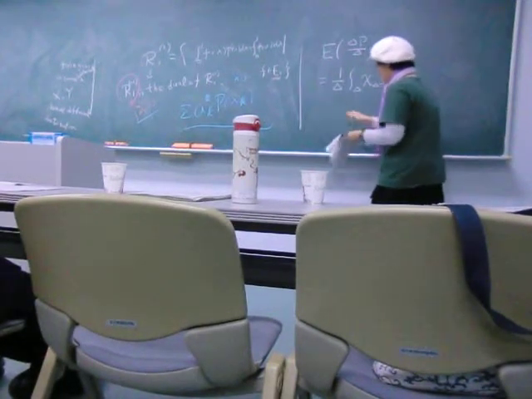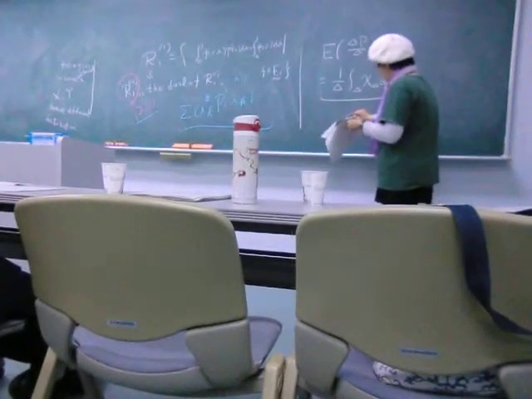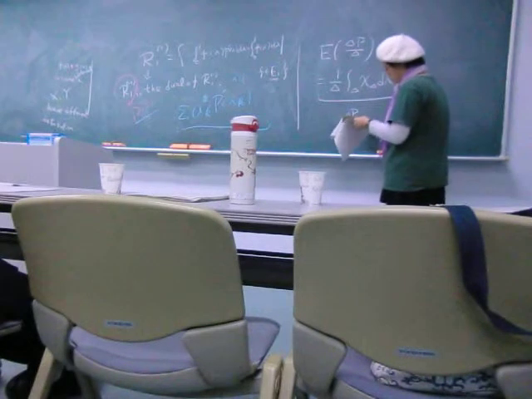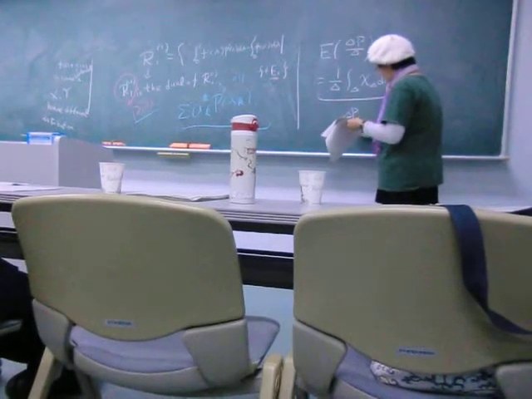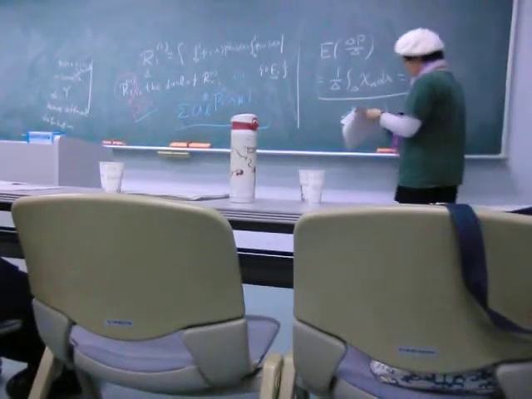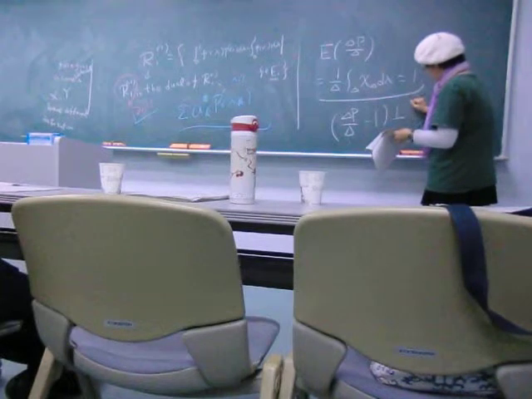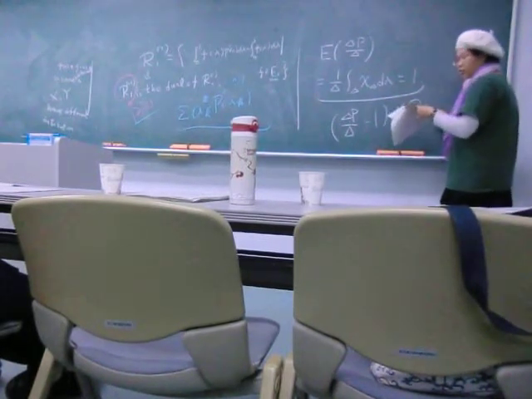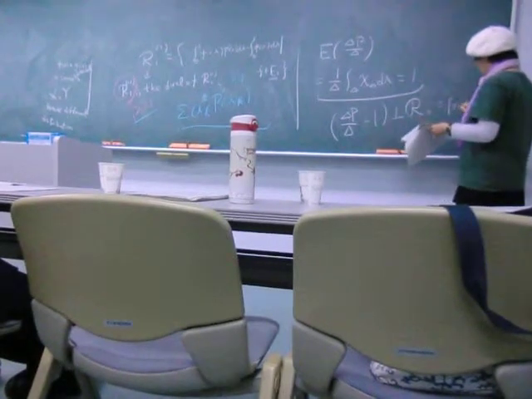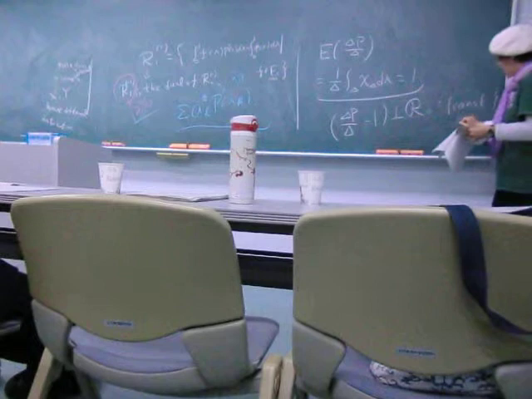So we have a rough idea: if we have delta p over delta, minus 1, this can be in the space, and this can also go to RZ. RZ is the constant space.